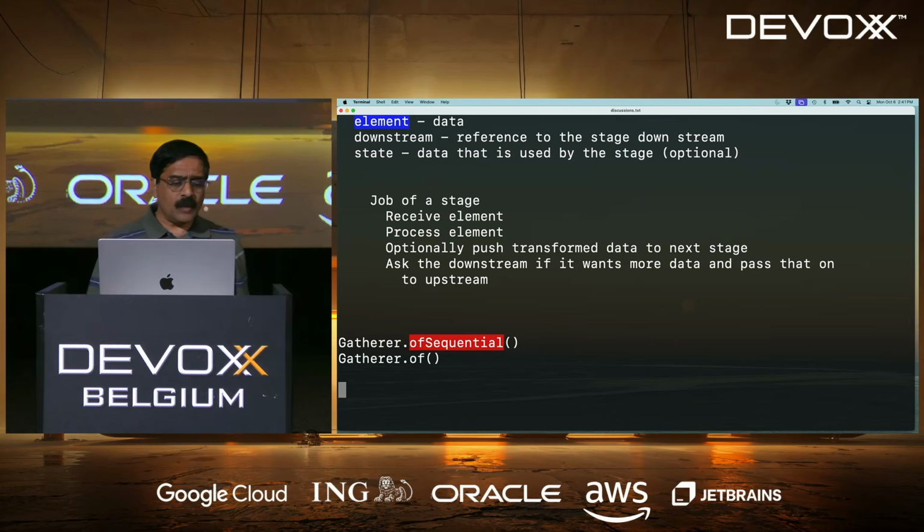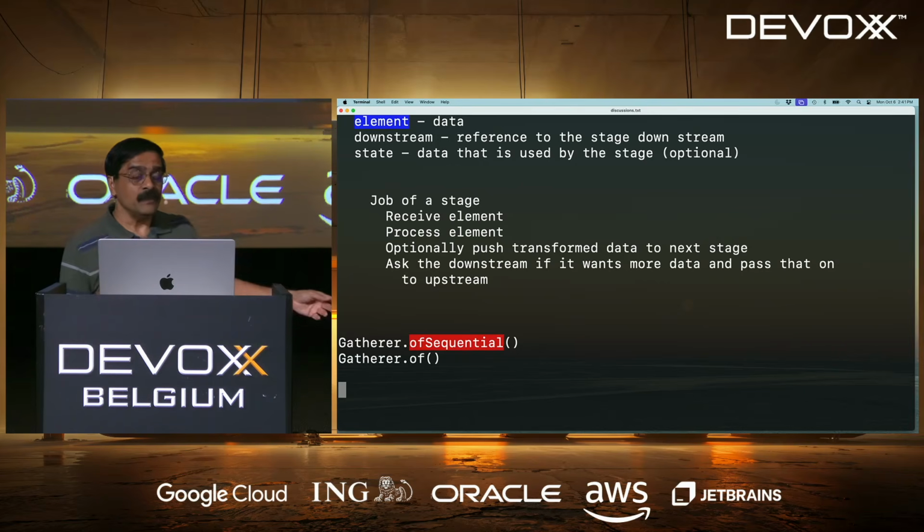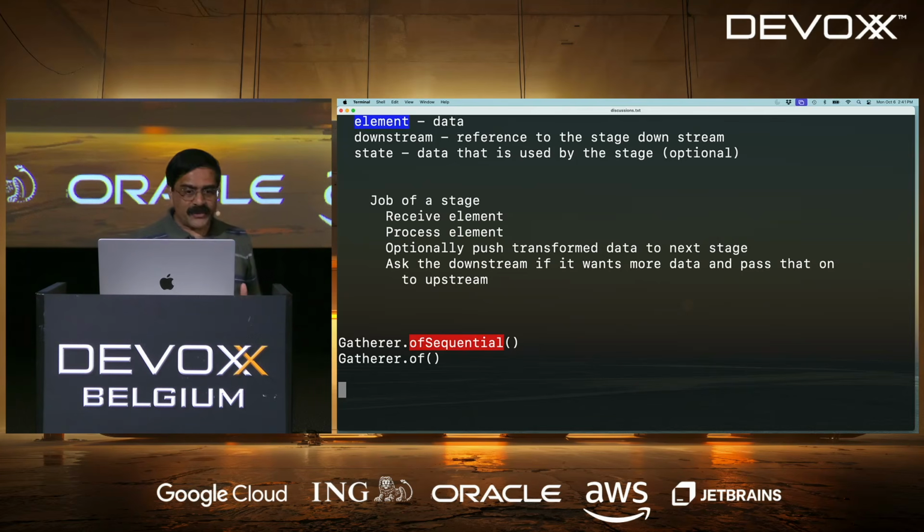So what in the world do these methods mean? And why not ofParallel, right? Why sequential and why of? It's very important to understand what these two functions actually do for us. These are convenience functions. They help us to get things implemented, but we need to understand what this means.